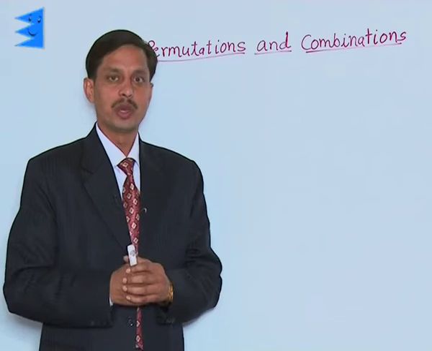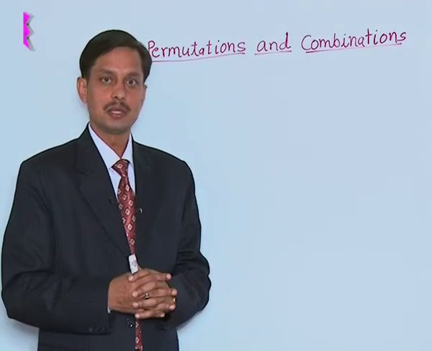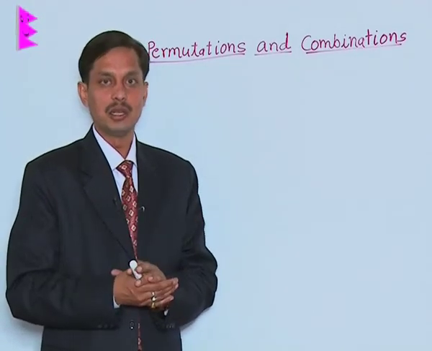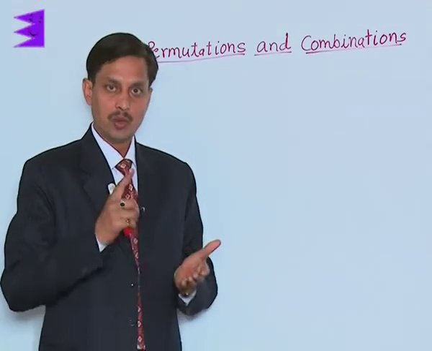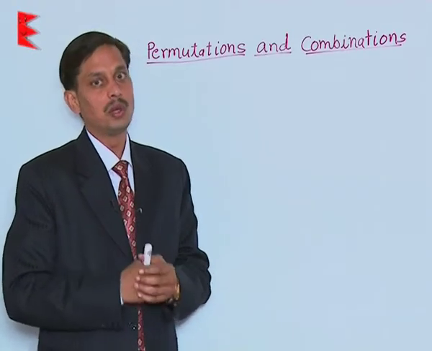Now I would like to explain the total number of arrangements possible if r objects are taken at a time out of n objects, where r is less than or equal to n.